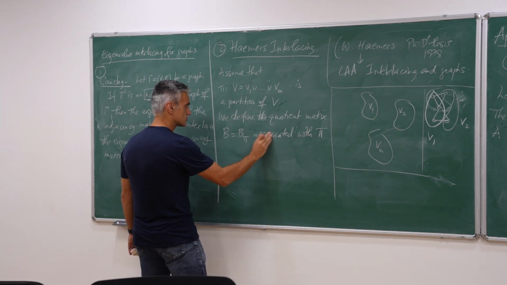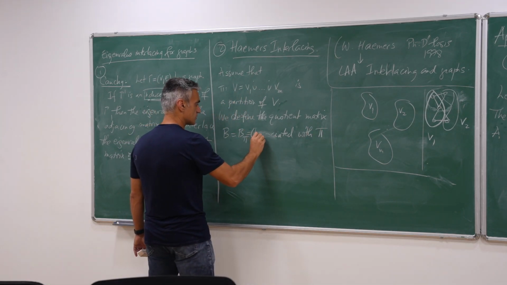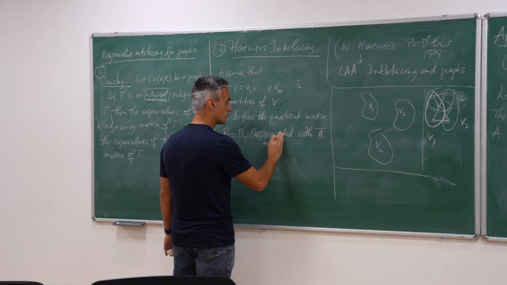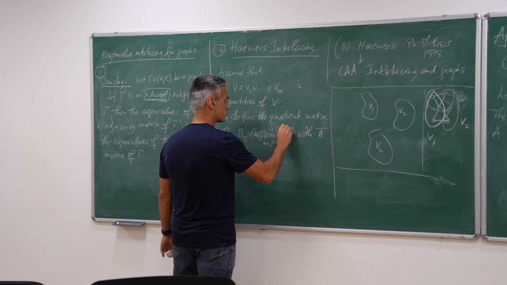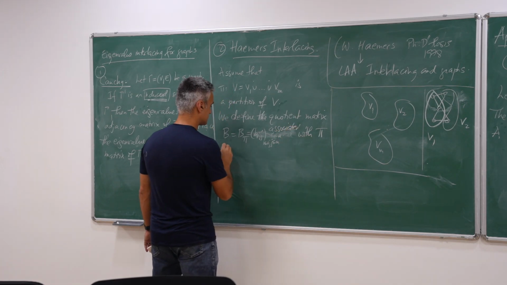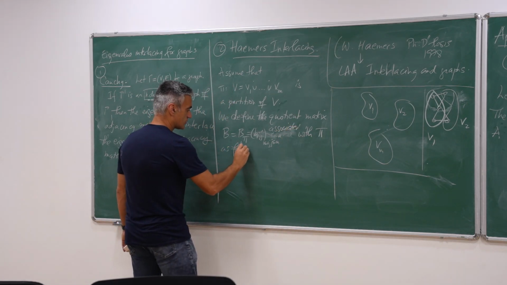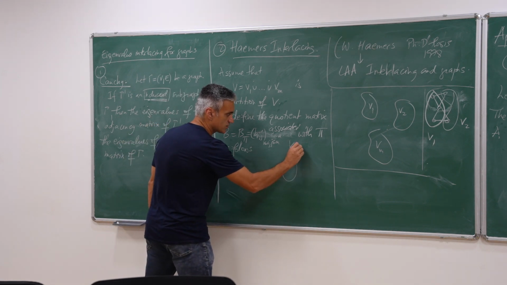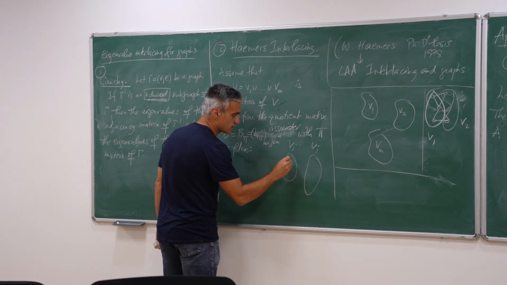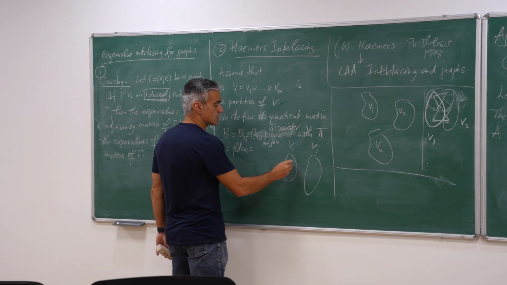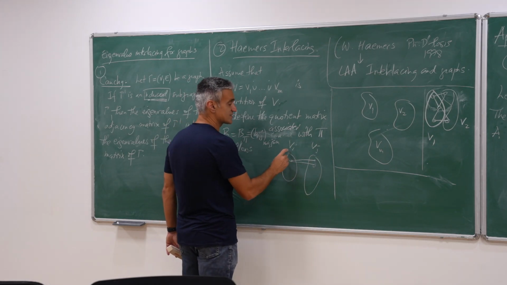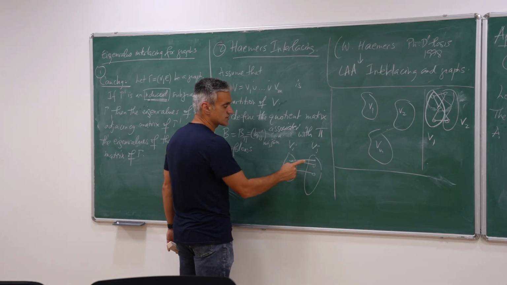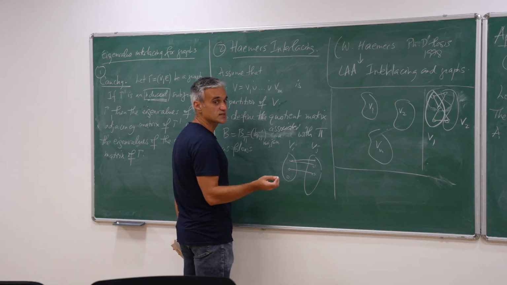So this will be Bij as before, i and j from 1 to m. So what do we have? We have a Vi here, we have a Vj here. Now, in an equitable partition, everybody in Vi had the same number of neighbors here. Here, it may not happen. You can have some vertex has 2, some vertex has 1, some vertex has none.